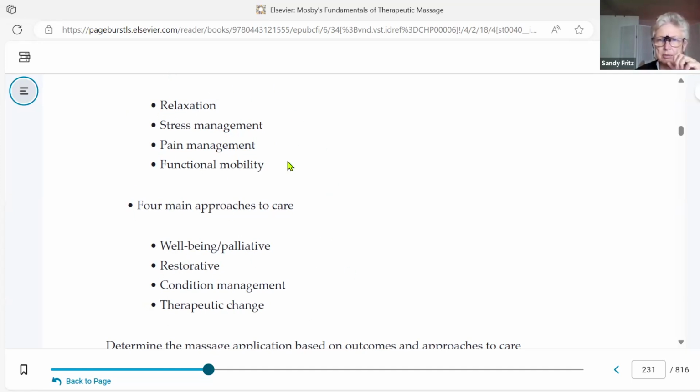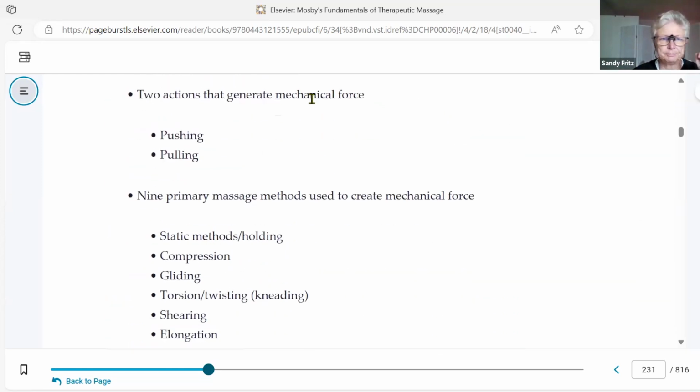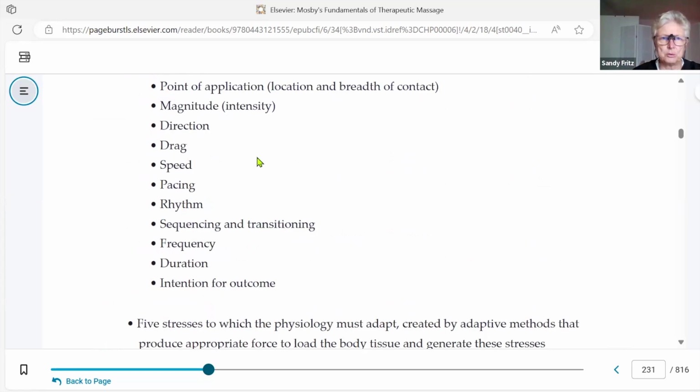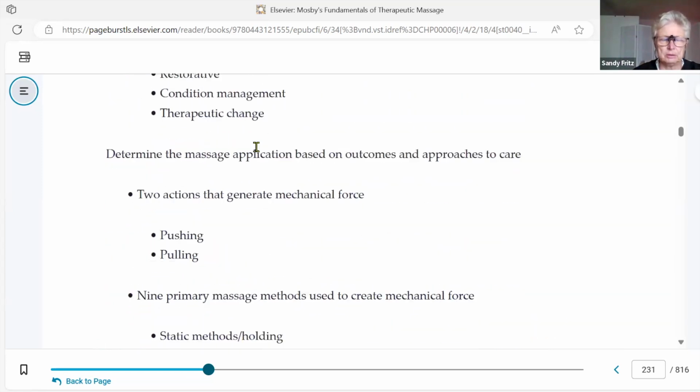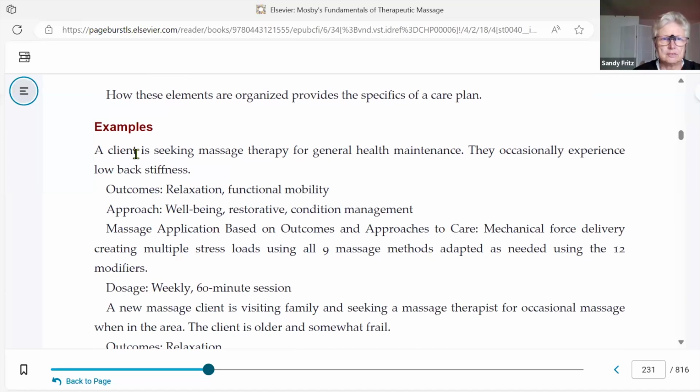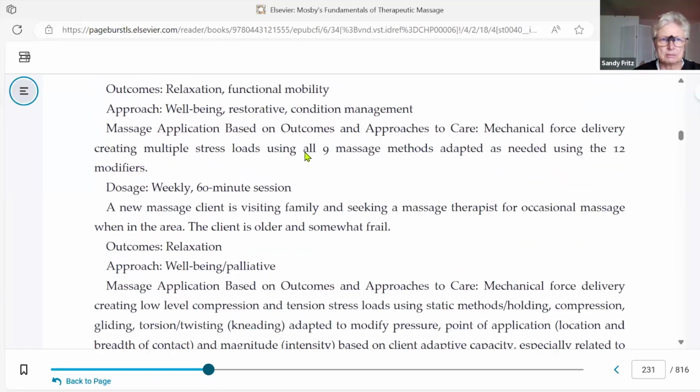These bounce around, and they're pieces of puzzles that can uniquely be formed for an individual session. This should be familiar to you now. This is how you think through what you're doing. And then this gives you some examples here.